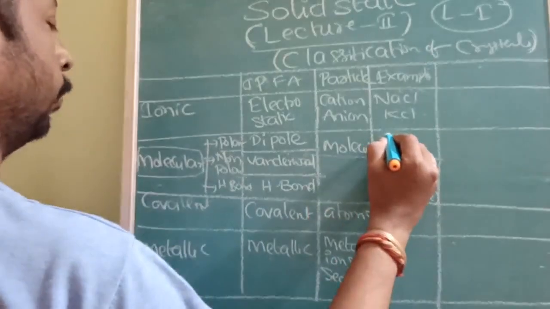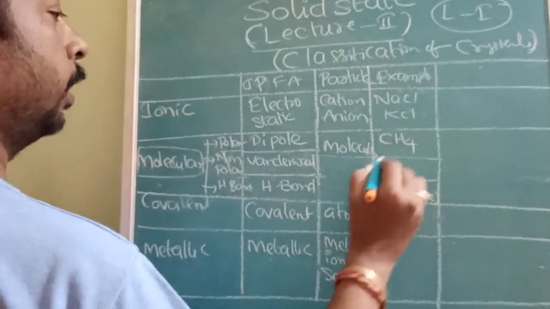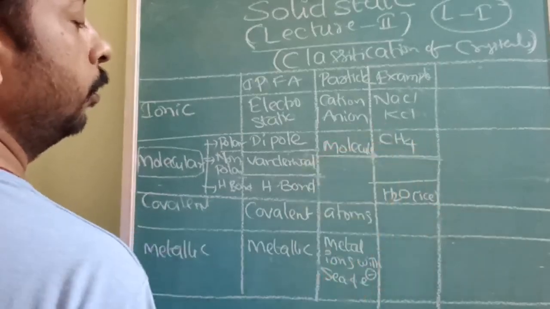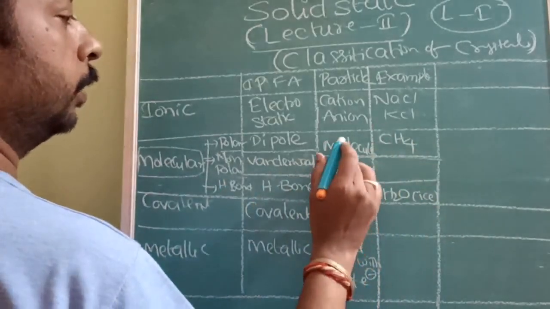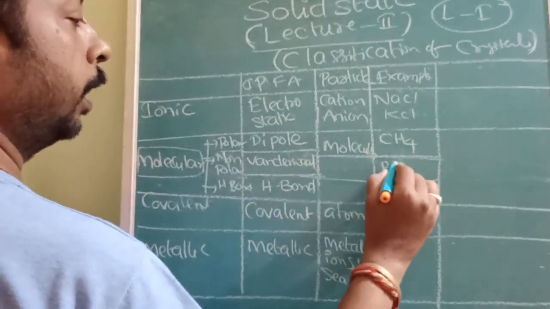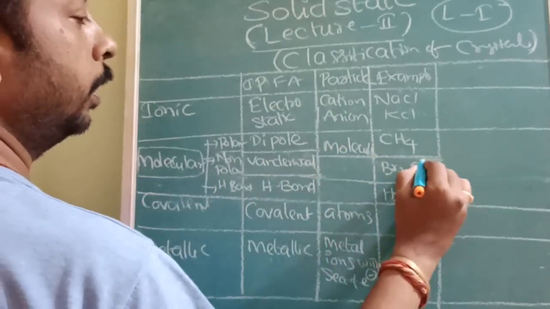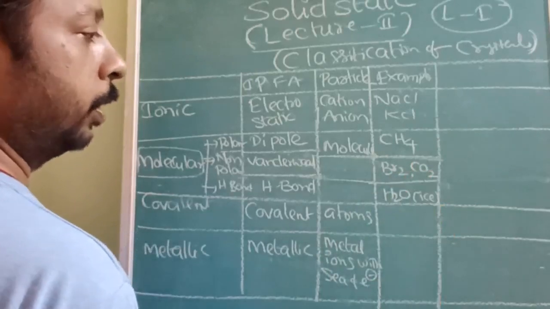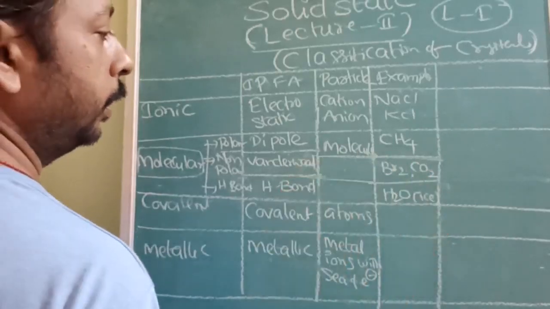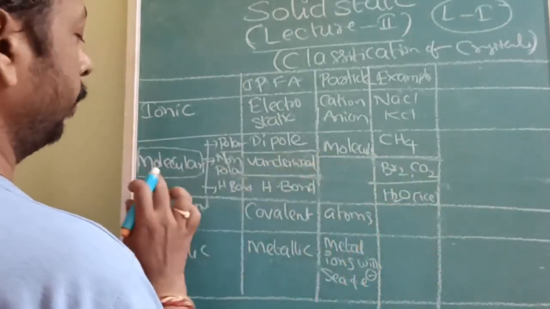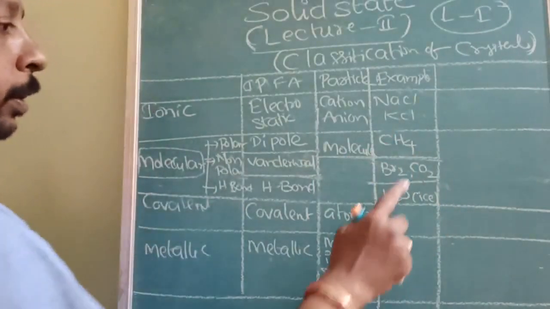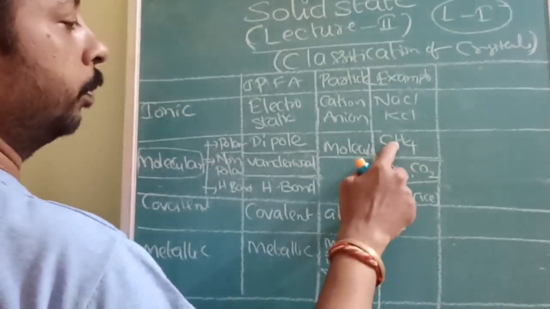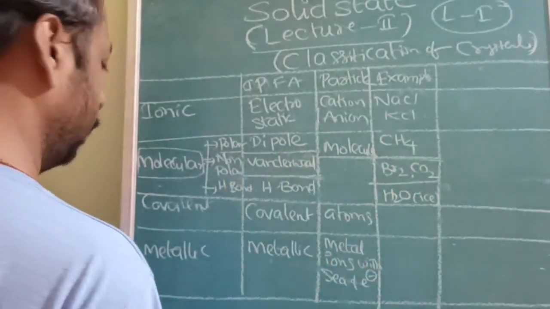And CH4, I am talking about the solid, not gas, at lower temperature. Non-polar, Br2, and CO2 is called dry ice. These are examples of molecular solids with non-polar, polar, and polar with hydrogen bond.